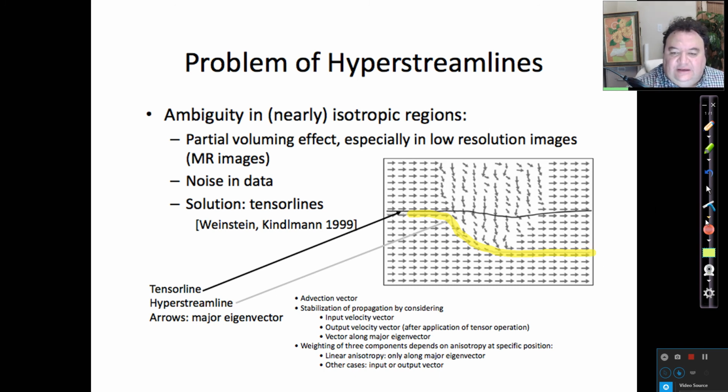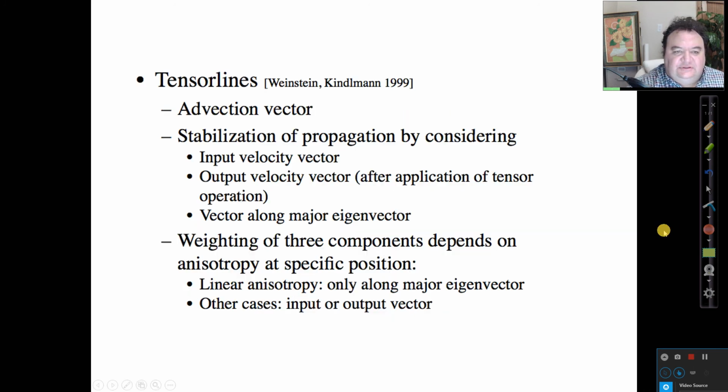because it does not have a strong basis to choose one direction over another. This concept of tensor line has been developed to compensate for this effect, where if in a certain region that is isotropic, the flow comes in a certain direction, the computation tends to maintain the flow around the same direction, so that we don't have these artifacts of randomly evolving flow in the data, but it tends to continue along the choice that was selected at the beginning as the input.